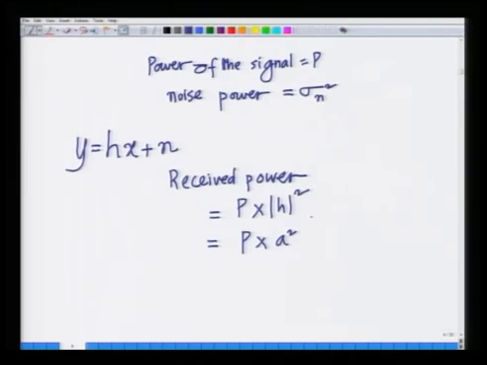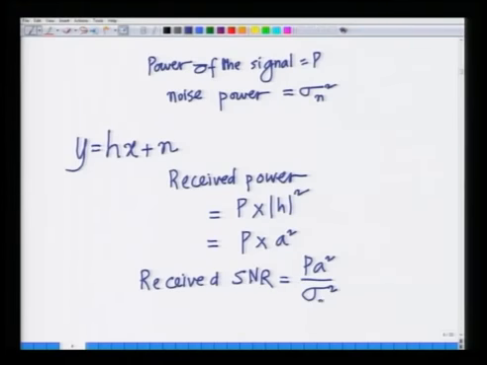Remember, we said h is given as a e power j phi, the magnitude of h is a, hence the received power is P times a square. Hence, the received SNR is P a square divided by sigma n square. I can also write this as a square times P over sigma n square.